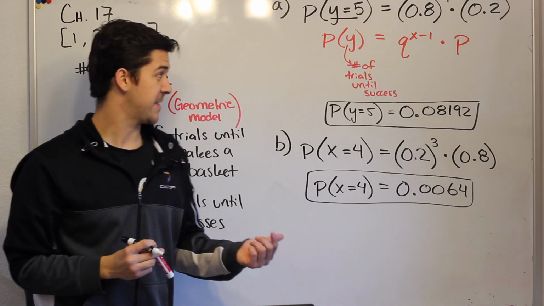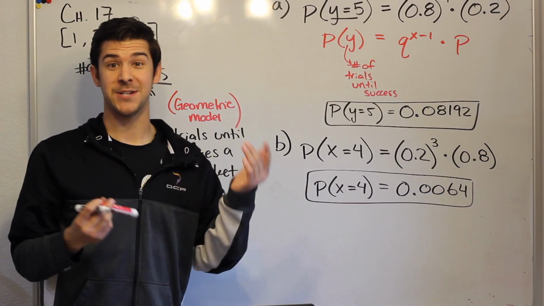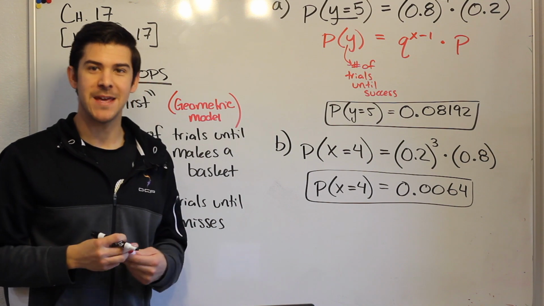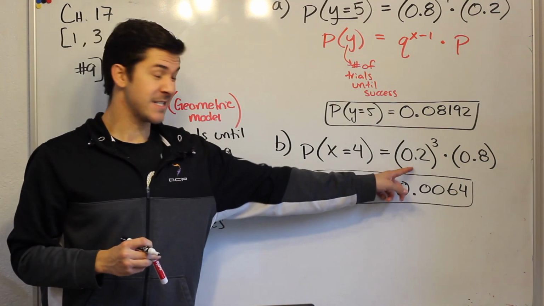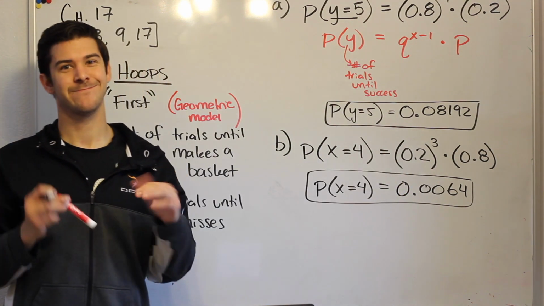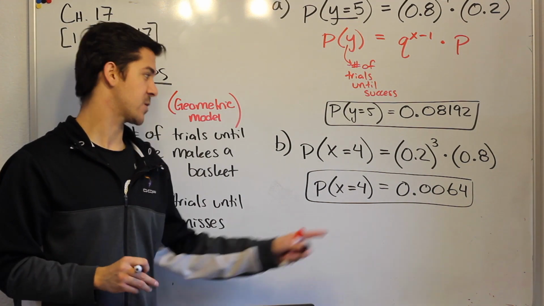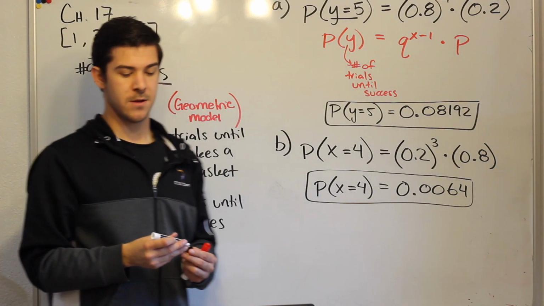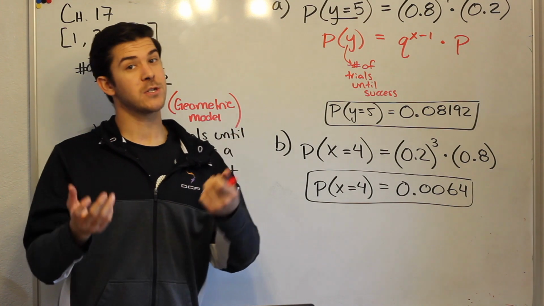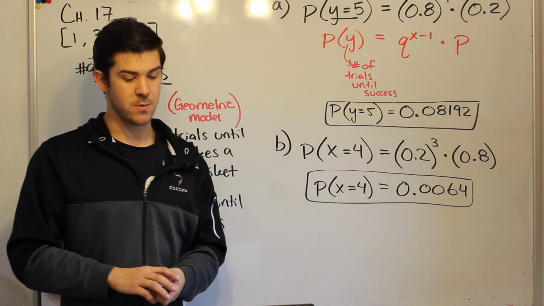This answer makes sense because if he has a shooting percentage of 80%, we expect him to make it. So if in this case he misses 3 times in a row, that's very unlikely, which is why it's a low percentage.